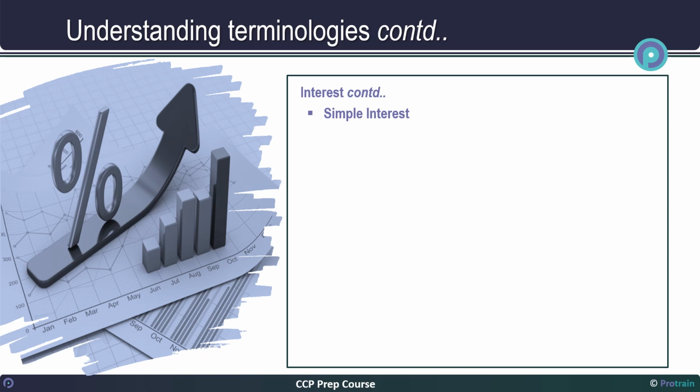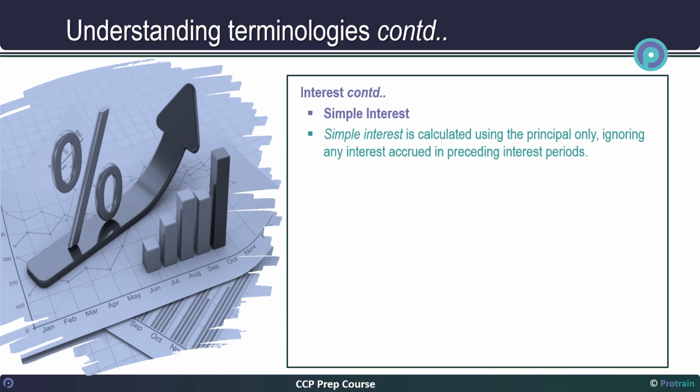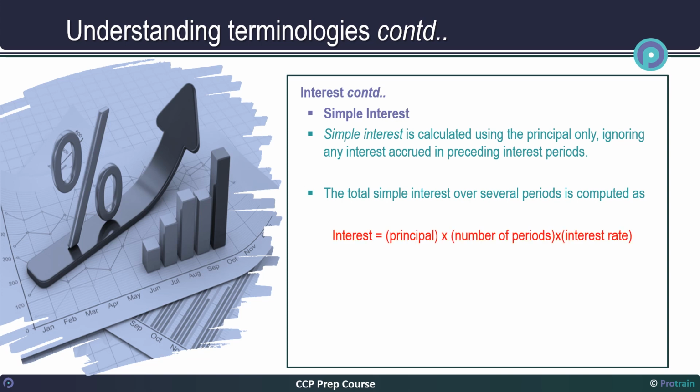Simple interest. Simple interest is calculated using the principal only, ignoring any interest accrued in preceding interest periods. The total simple interest over several periods is computed as interest equals principal, multiplied by number of periods, multiplied by interest rate.